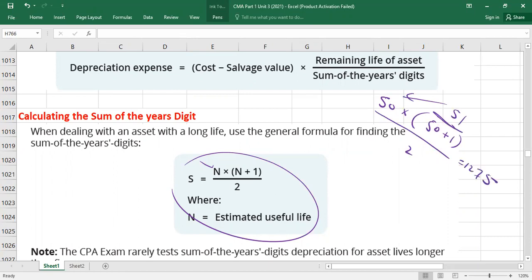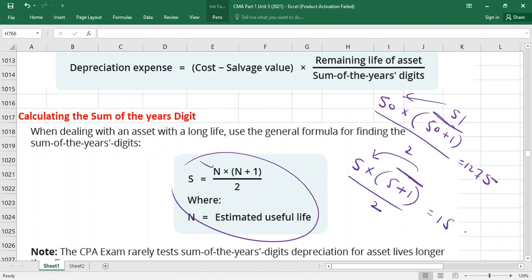This is the sum of years digit. Okay. For example, if your asset life is 5 years, the total was 15, right? So you can apply the same formula: 5 into 5 plus 1, divided by 2. Once you take 5 plus 1, that's 6. 6 times 5 is 30, divided by 2, it will give you 15. This works. Okay.